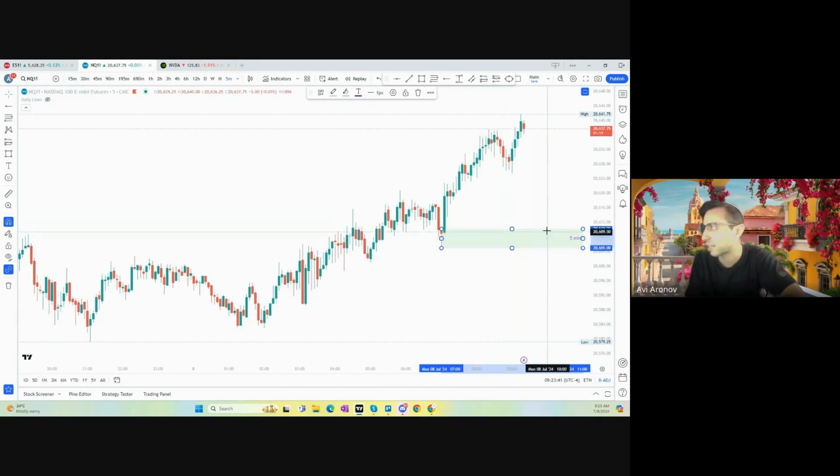So once it comes here, I will start with a couple of lots, and then I will add a few more, and a few more, and once it's reached 100, I will exit. But if I see that it's starting to go higher again, then I will enter with all the lots that I needed, with again very tight risk to reward.